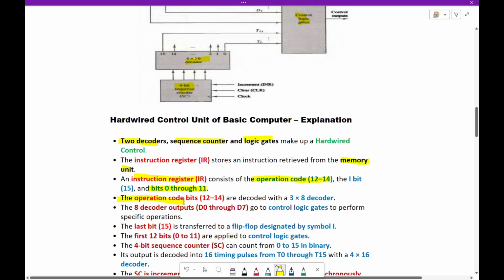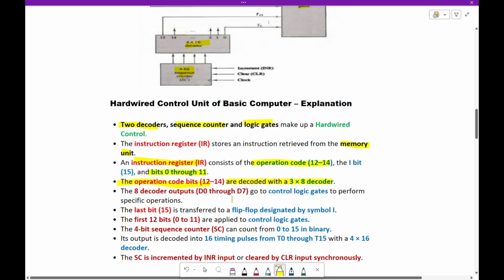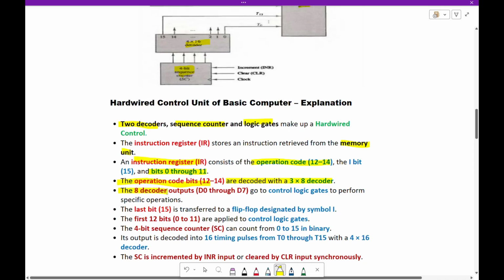The operation code bits 12 to 14 are decoded with the 3×8 decoder, and the 8 decoded outputs, D0 through D7, go to the control logic to perform specific operations.